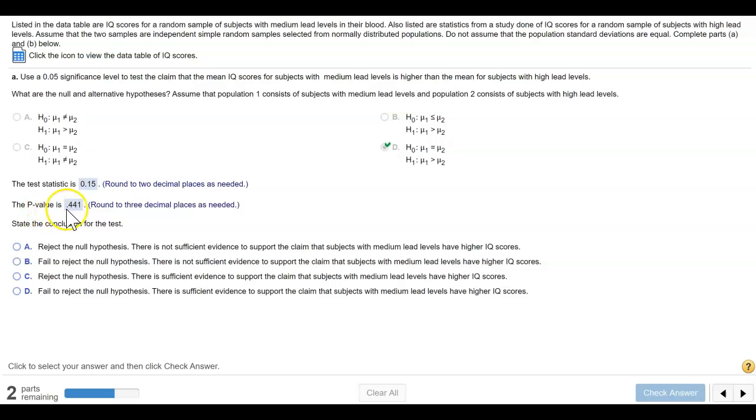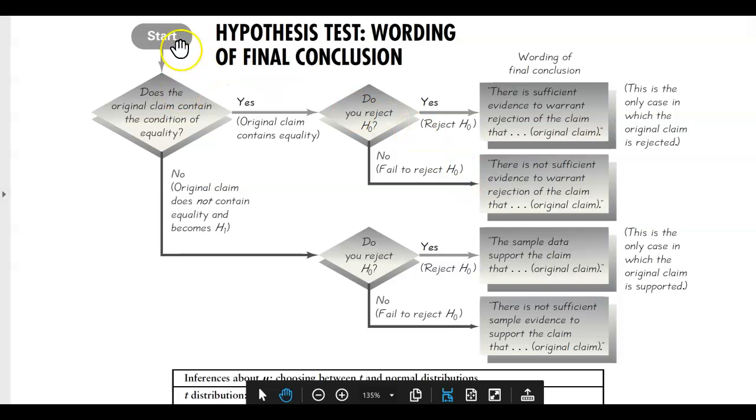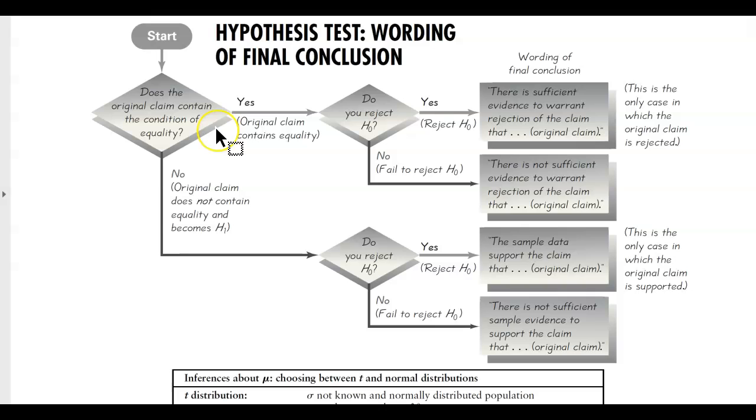Well, because the p-value is greater than the significance level of 0.05, we fail to reject the null hypothesis. We have two answers with fail to reject null hypothesis choices. Let's look at the table to help us make a decision. Does the original claim contain a condition of equality? No. Do you reject the null hypothesis?